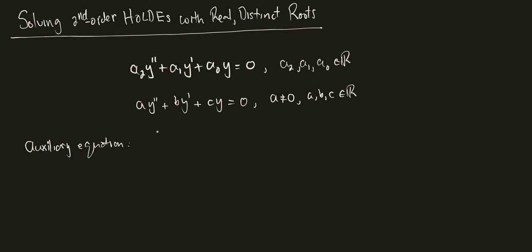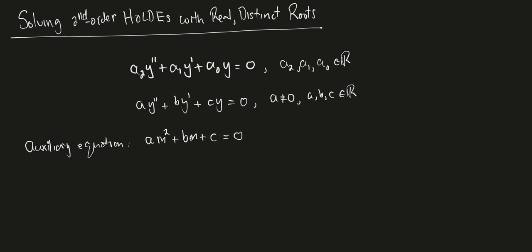And in some instances, you might see resources that use r as their variable. We're using m, again, just using a letter that we're likely not going to use in any other context, right? So the auxiliary equation now, using a, b, c, would be am squared plus bm plus c is equal to 0.